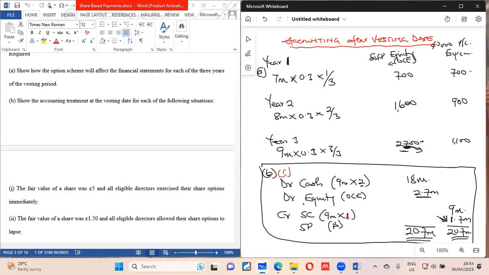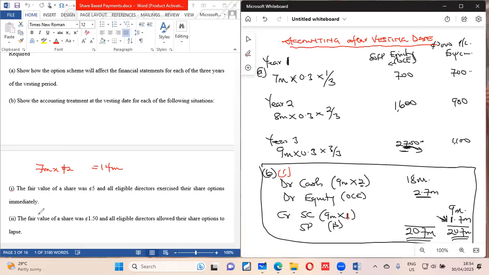If some of them exercised and some did not, somebody asked, okay, let's say only 7 million out of the 9 exercised, then we are going to do 7 million multiplied by our 2 to get 14.